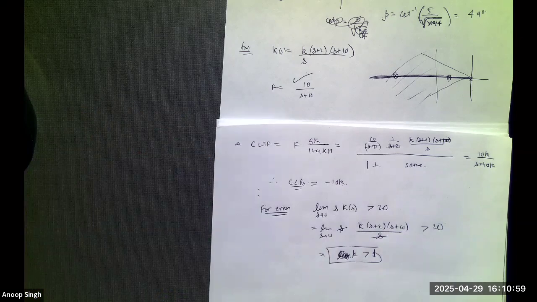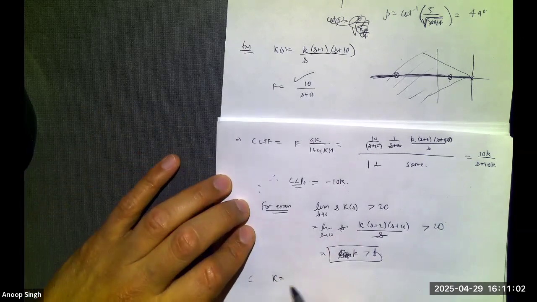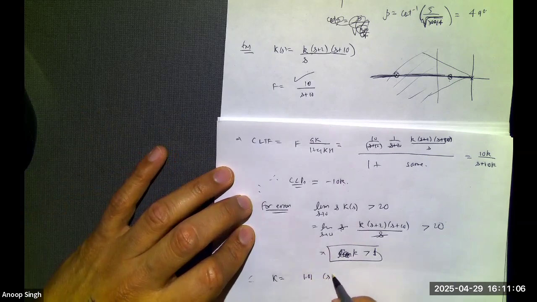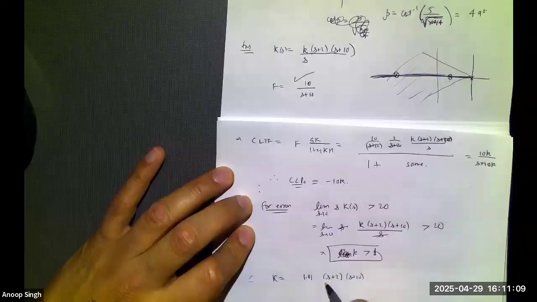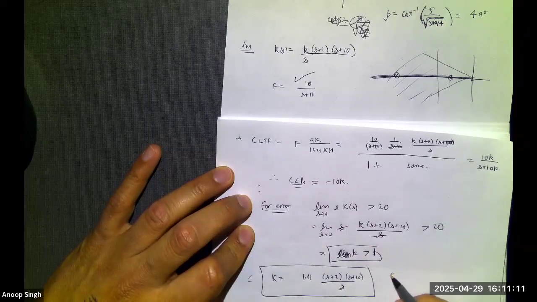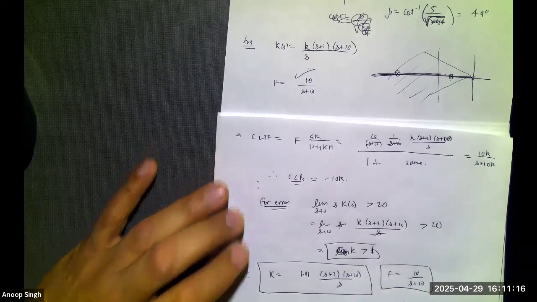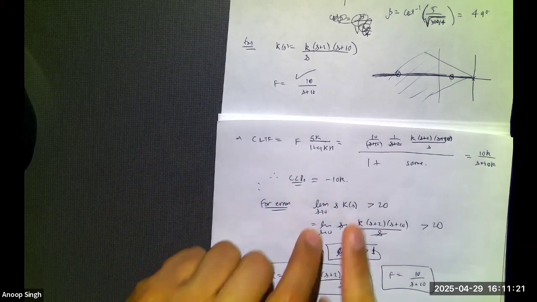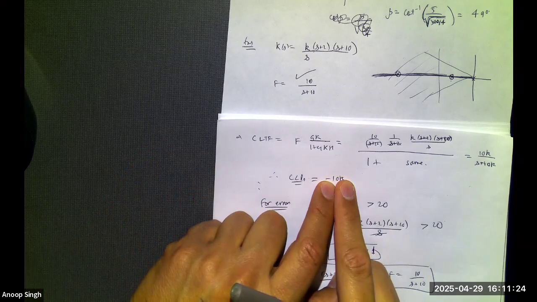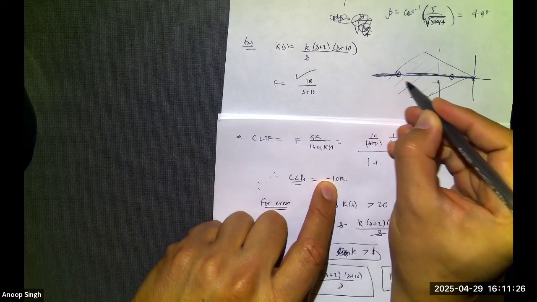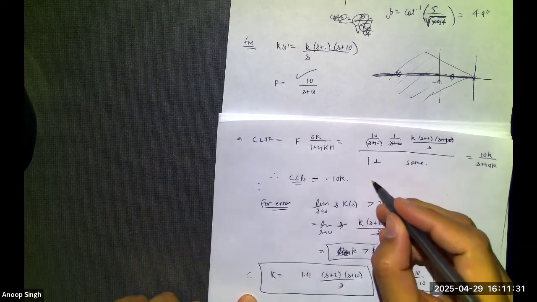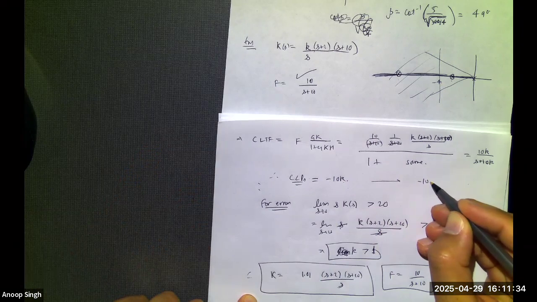That works for me. So try a controller which is, say, 1.01 times s+2 times s+10 over s. This controller along with the pre-filter 10 over s+10 will get all my job done. For that K, the closed loop pole is at minus 10.1, which is surely more negative than minus 4.